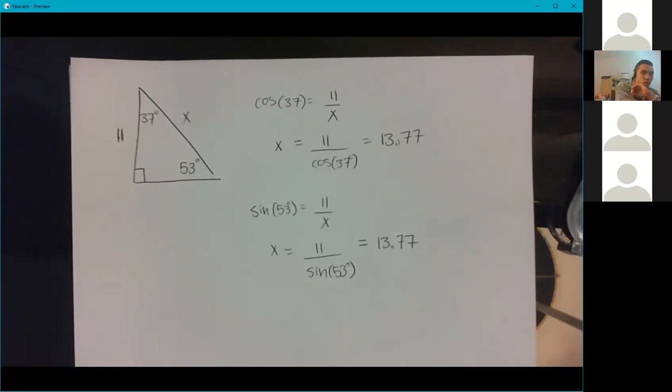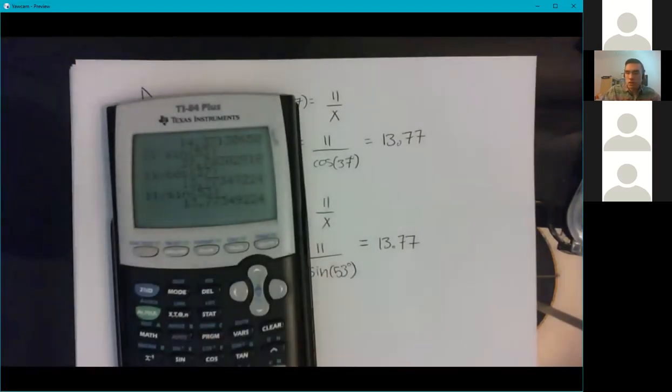You can't enter things into your calculator that way. Your calculator can't solve for x for you. You're doing cosine 37 divided by 11, not 11 divided by cosine 37. 11 divided by cosine 37 is the answer. You're doing cosine 37 divided by 11, which is giving you that decimal.